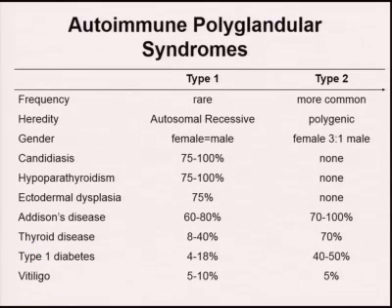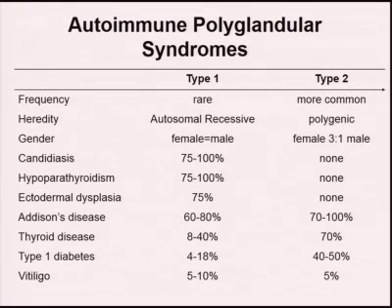You've seen a slide on this already, but hypothyroidism can be part of an autoimmune polyglandular syndrome, and there are 2 types, as Dr. Hayter alluded to. Type 1 is more rare and is autosomal recessive. You can see that hypothyroidism is not infrequent, but certainly not as frequent as things like candidiasis, hypoparathyroidism, and ectodermal dysplasia.